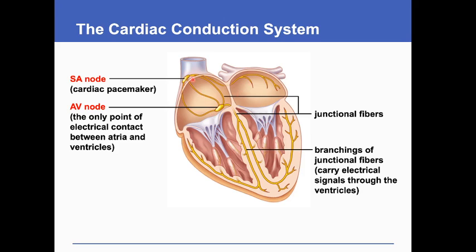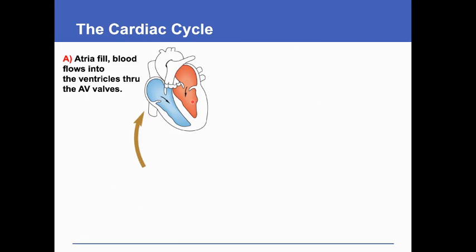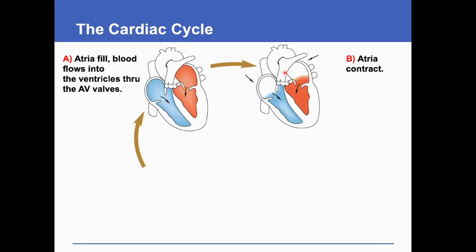They contract first because the SA node fires and sends the signal out over the cells that make up the walls of your atria. And so they contract first and empty out. Now the SA node has fired, the signal has spread over the walls of the atria, they have contracted, they have emptied, and now the signal is getting to the AV node.